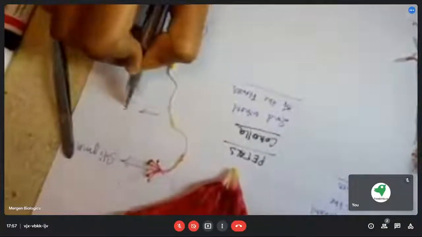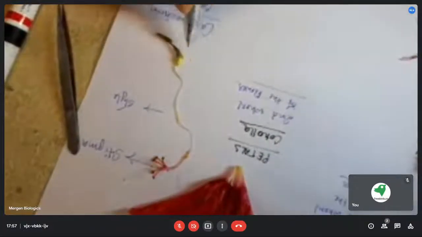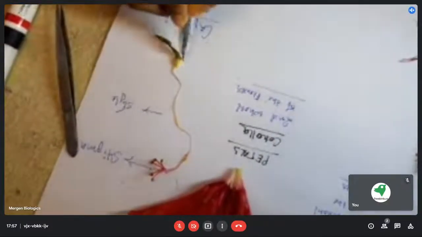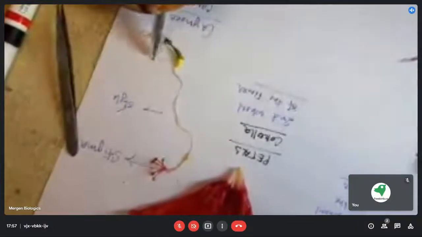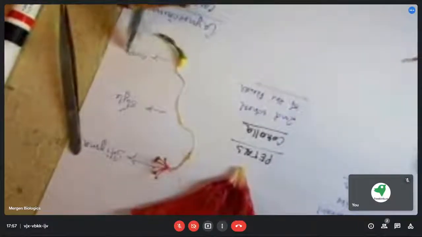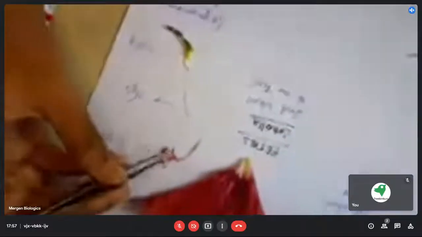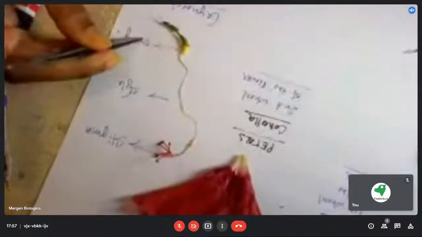This is the style, and this yellowish structure, which looks like a very small egg, this is actually the ovary of the flower. These five stalk-like structures are known as the stigma. Then this is the style, the filament, and this is the ovary.